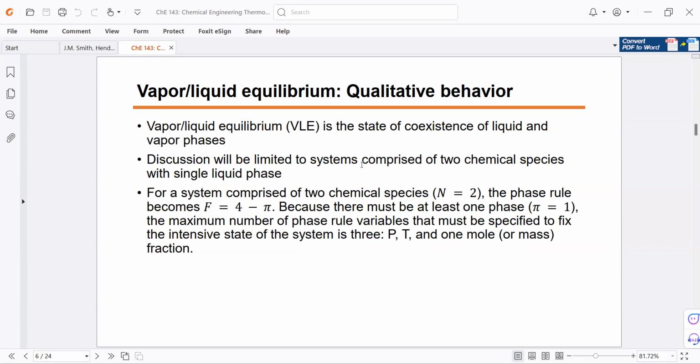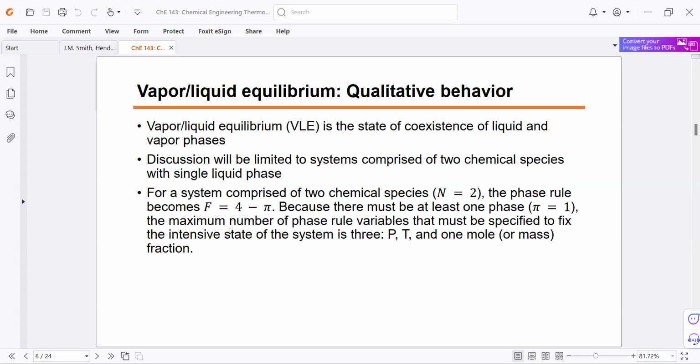That means our N is equal to 2. Using the phase rule, 2 plus 2 minus pi, where pi is the number of phases, is 4 minus pi. There must be at least one phase, so let's set pi equal to 1.